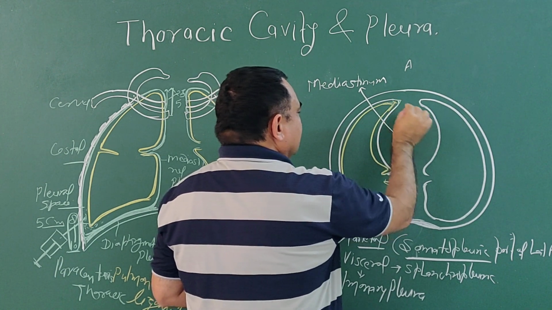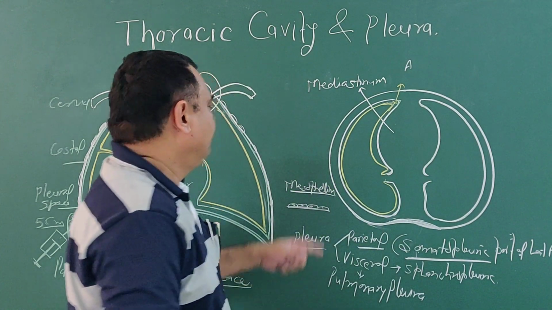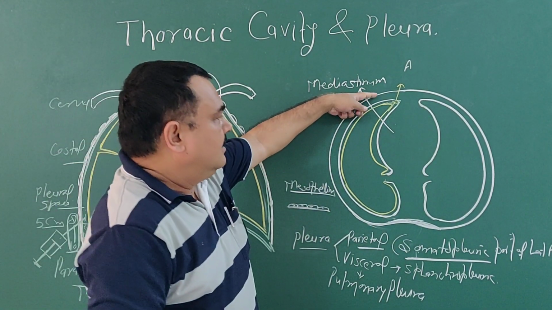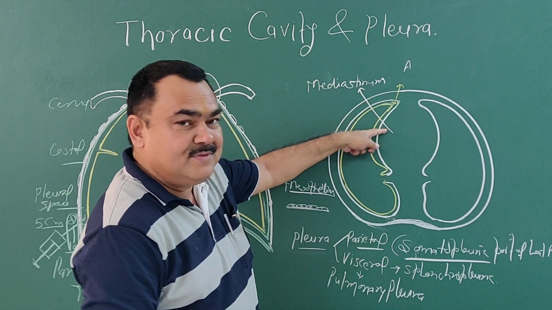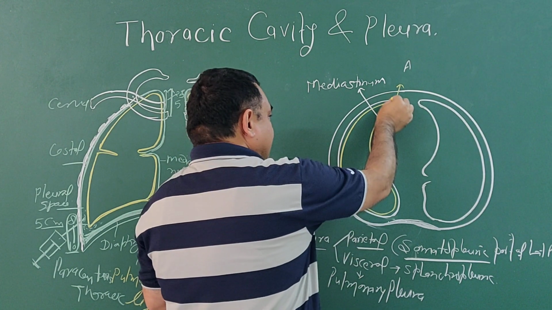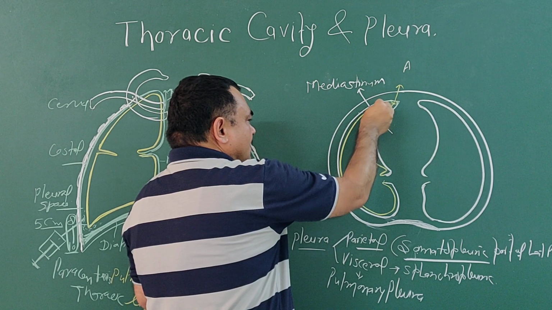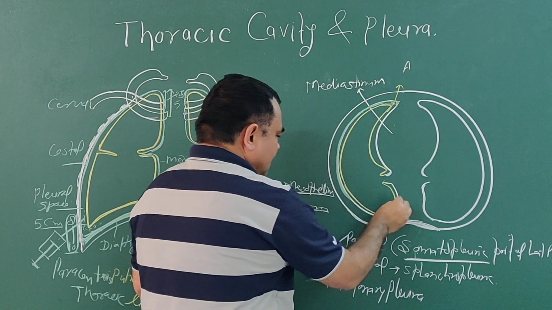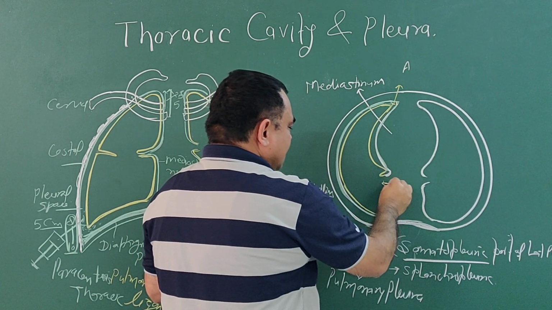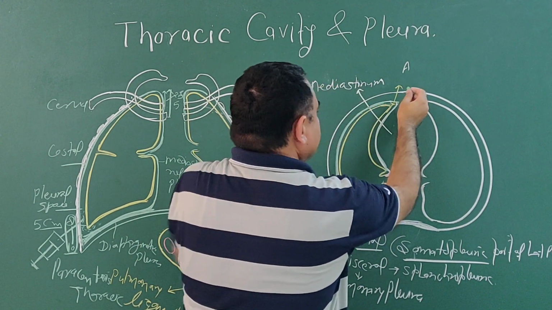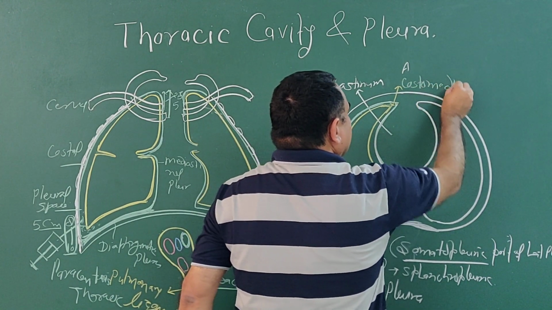This is costal and this is mediastinal surface. In this diagram, this surface of the parietal pleura is costal surface. And this surface is mediastinal surface. So between costal and mediastinal surface, this is costo-mediastinal pleura.